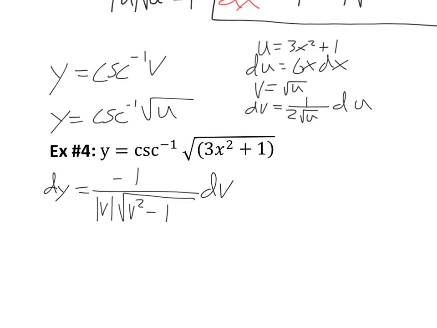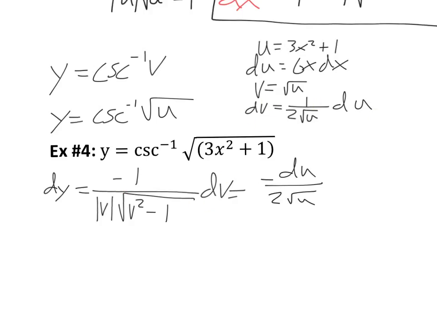Okay, so this is the same thing as -1 times dv, so let's put the dv on top. And the same thing here, I could put the du on top because it's just 1 times du. So this is like saying negative du over 2 square root u, because this is just -1 times whatever I have for dv.